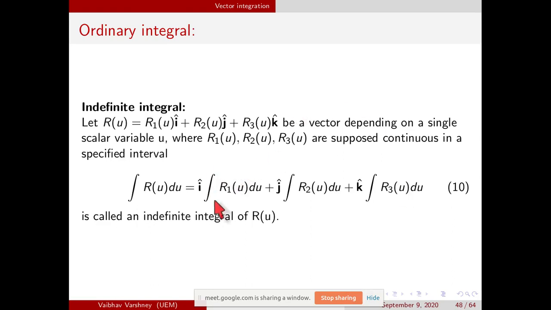So we get the integral of r1 of u du i cap plus r2 of u du j cap plus r3 of u du k cap. All three components are separate. Because there are no limits, this is called the indefinite integral of r of u. Any problem in this?